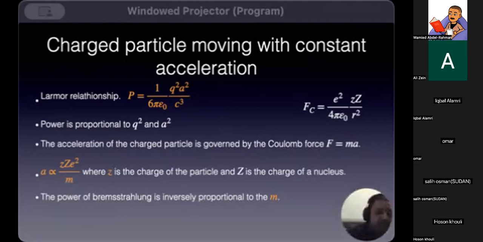So the important thing is that this power of Bremsstrahlung is inversely proportional to M. Actually, the acceleration is inversely proportional to M, so the power should be M squared. This power is inversely proportional to the square of the mass of the particle.